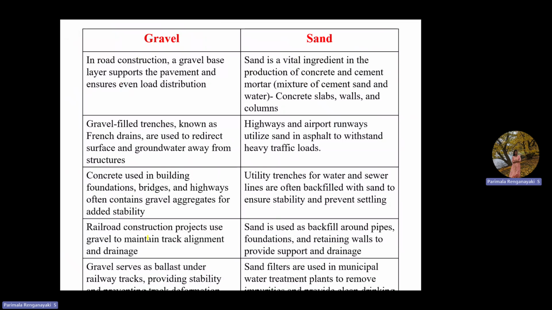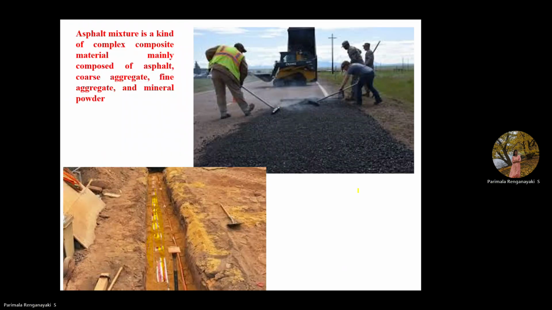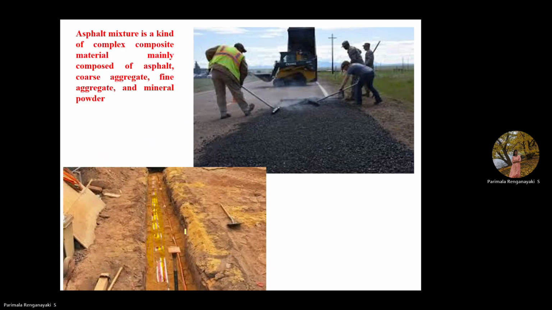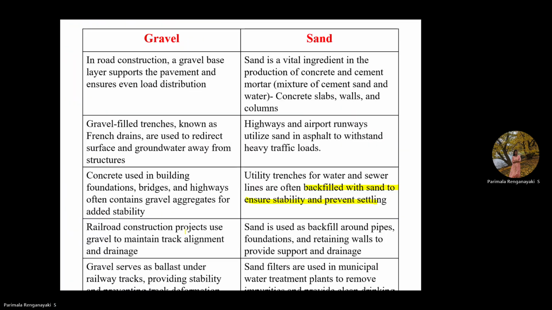If there is no such sand, the settling may occur. So we just fill this with sand. Sand is used as backfill around pipes, foundations, and retaining walls to provide support and drainage.